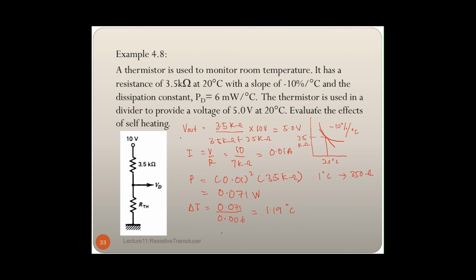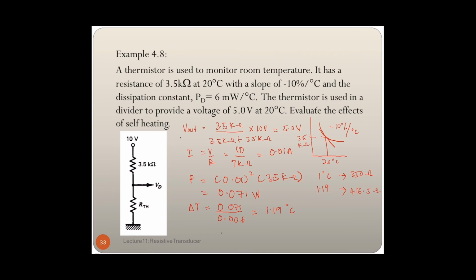So now, the RTD has self-heated itself by 1.19. So the temperature has increased 1.19 from 20 degrees Celsius, which gives us, it will decrease by 416.5 ohm.